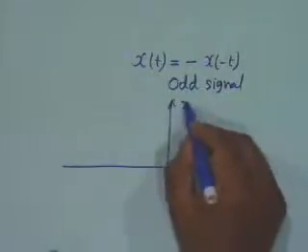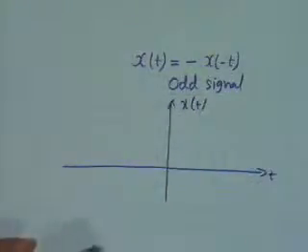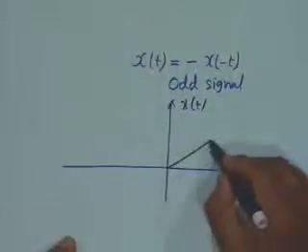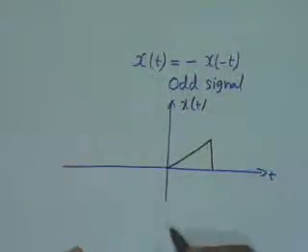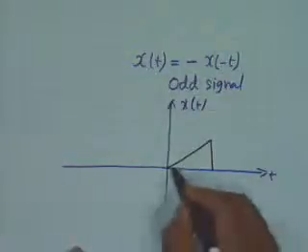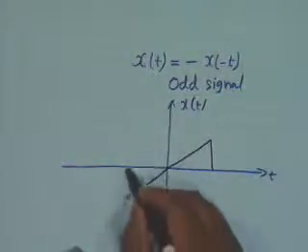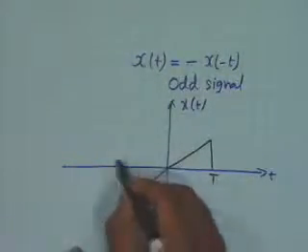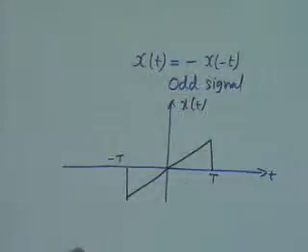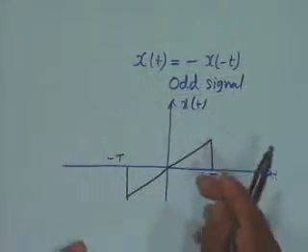This is t, x of t, which is odd, and if x of t is, let's say, like this for t greater than 0 and it is odd, then it must go like this. If this is capital T, this is minus T. So x of t is equal to negative of x of minus t. You fold this and negate it, you will get exactly the same thing. Alright, this is called an odd signal.